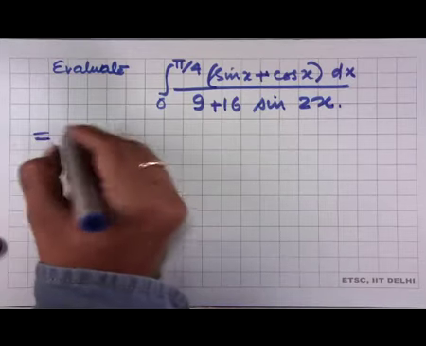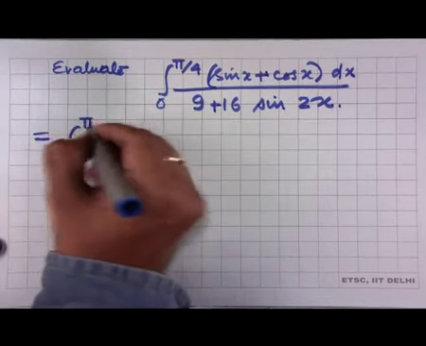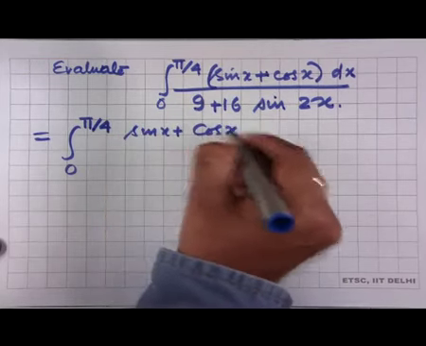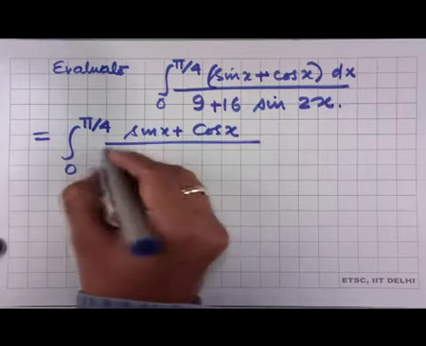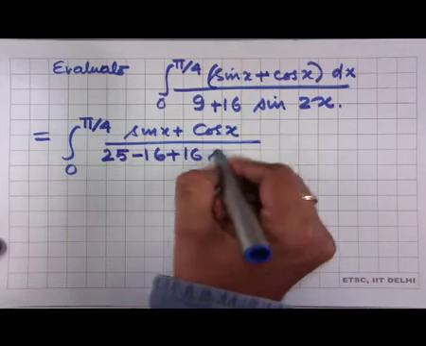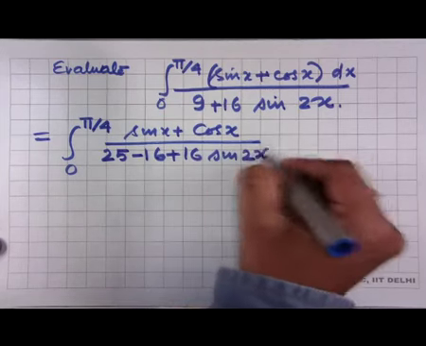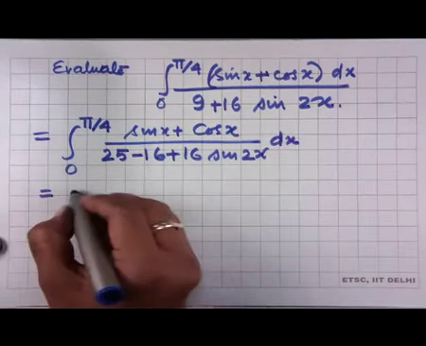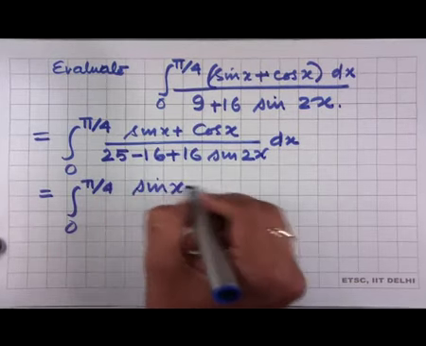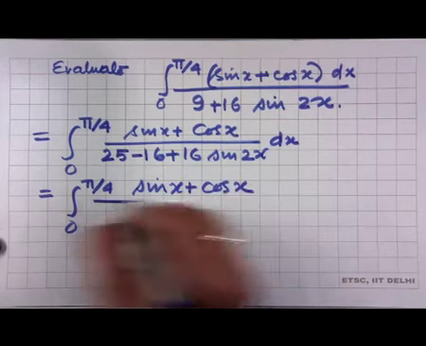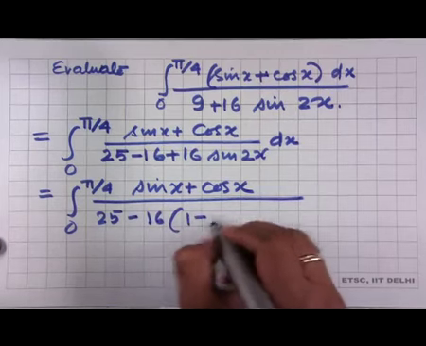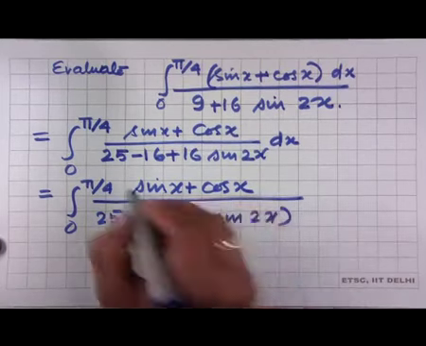So, this we can write as sin x plus cos x by 25 minus 16 plus 16 sin 2x dx. So, this can be written as (25 minus 16 times (1 minus sin 2x)) dx.